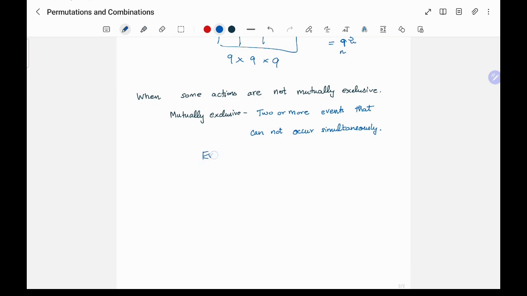So let's say event 1 happened, then it implies event 2 cannot happen.